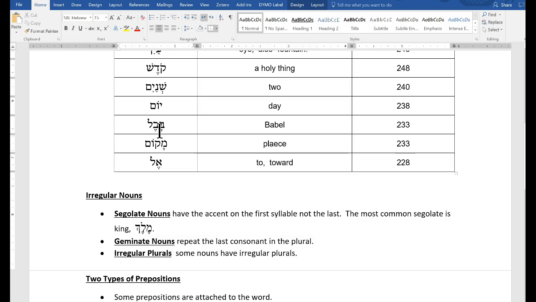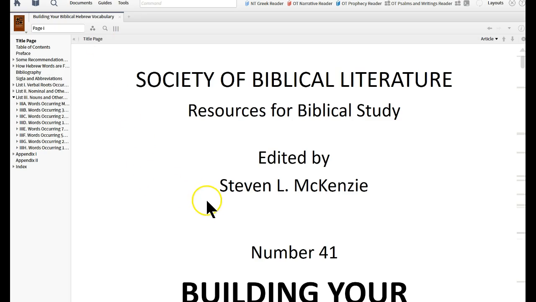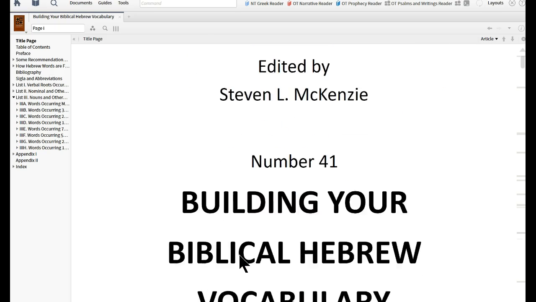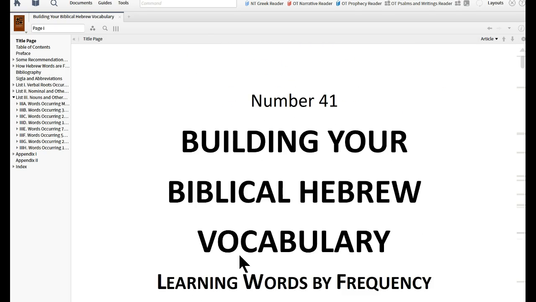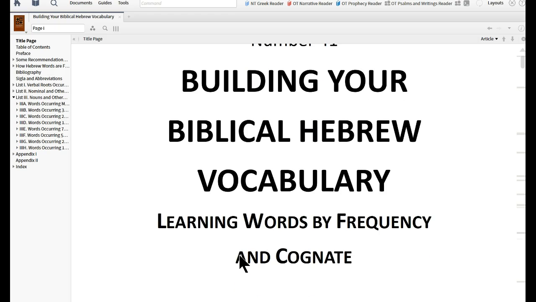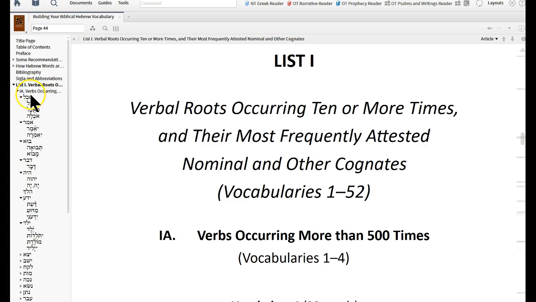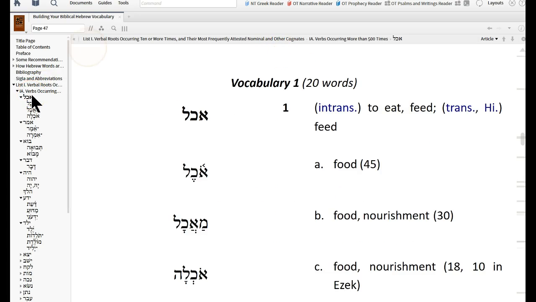Now, when you're studying vocabulary, you may want to use a tool that you can get in Logos. Stephen McKenzie's Building Your Hebrew Vocabulary. I bought this as part of a package, and he's doing what we're doing, learning words by frequency and cognate, but it's helpful because he lists similar words.